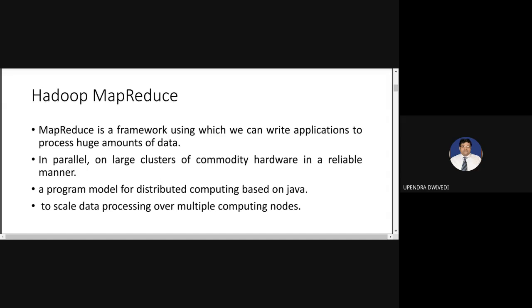MapReduce will take the data, divide the big data into smaller data sizes, and distribute them among the different devices. In the same way, it will take the task, divide it into subtasks, and distribute these subtasks among the different devices.